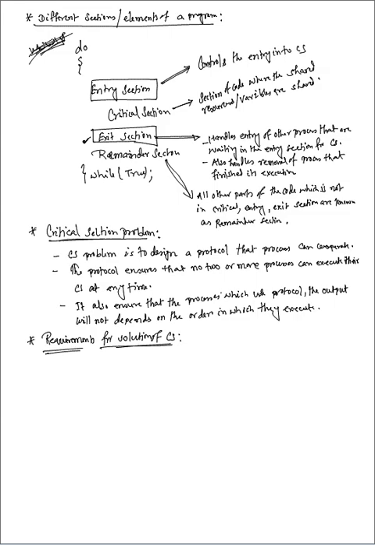Similarly, in algorithm 2, called the flag variable solution, only mutual exclusion is achieved; progress and bounded waiting are not achieved. The third software solution is called Peterson's solution, which basically uses the first two algorithms, and we can see that all three requirements are achieved.